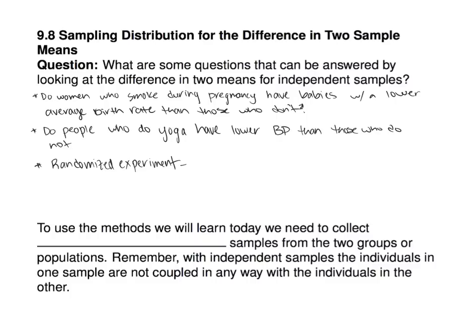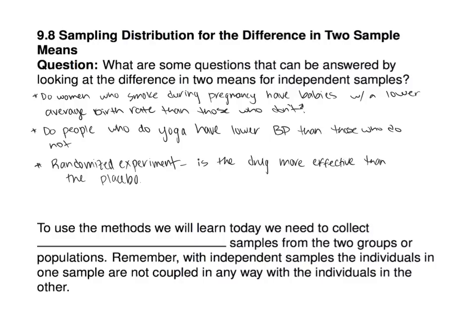And in this case, we have two sample groups, say like a drug and a placebo, and the question you might be asking is, is the drug more effective than the placebo? And these are the methods we are going to learn today.